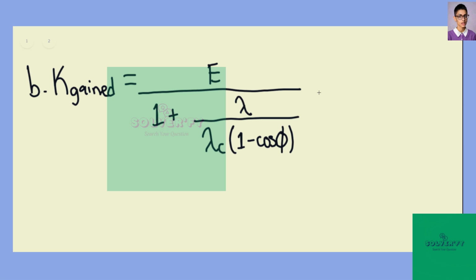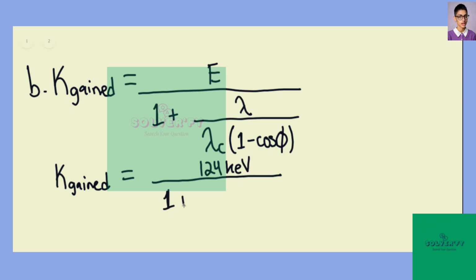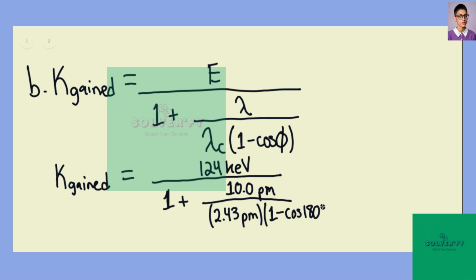This is going to be equal to 124 kilo electron volts divided by 1 plus 10.0 picometers divided by lambda sub c being 2.43 picometers multiplied by 1 minus cosine of 180 degrees.